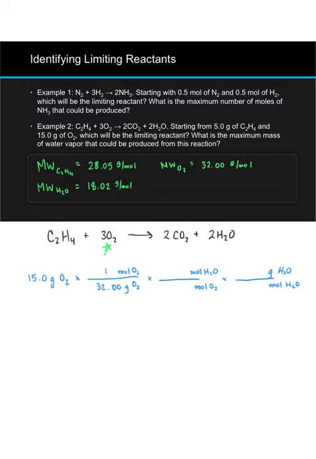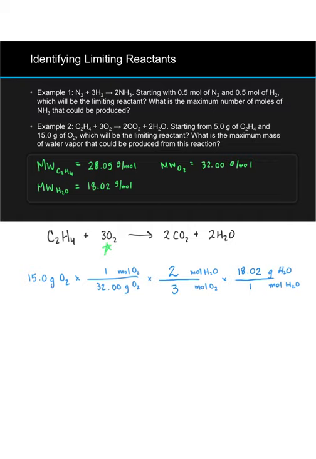Now we can fill in our incomplete conversion factors below. Our last one, rightmost, uses the molar mass of water. Our central conversion factor that converts moles of O2 to moles of H2O is completed by filling in coefficients. The coefficient in front of H2O is 2. The coefficient in front of O2 is 3 in our balanced equation.